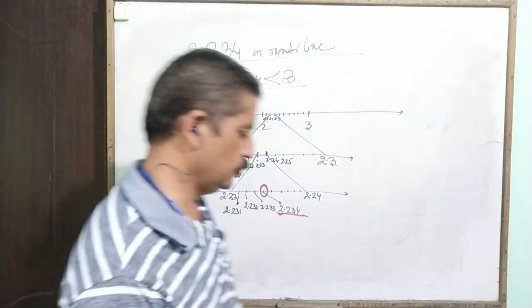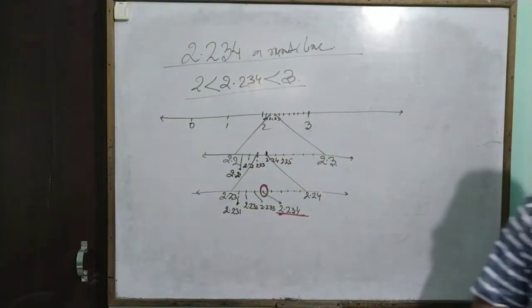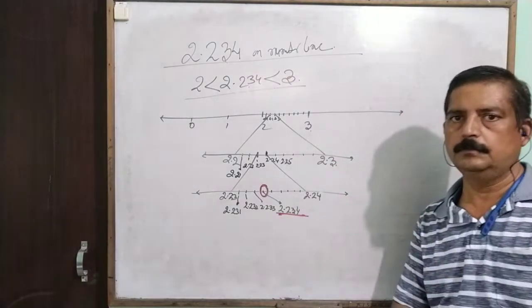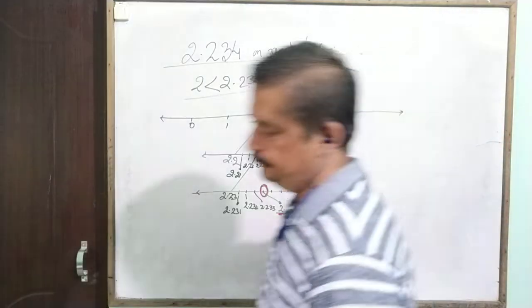That is the process to represent or visualize 2.234 or decimal places on the number line.